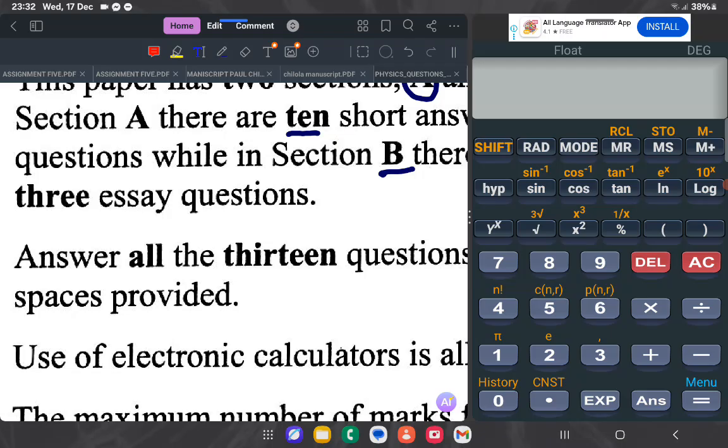So altogether there are 13 questions. Section A has 10 questions, carrying 70 marks, and section B has 3 questions, each carrying 10 marks, a total of 30 marks.